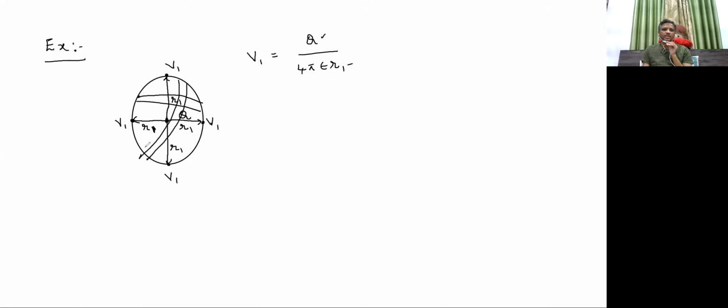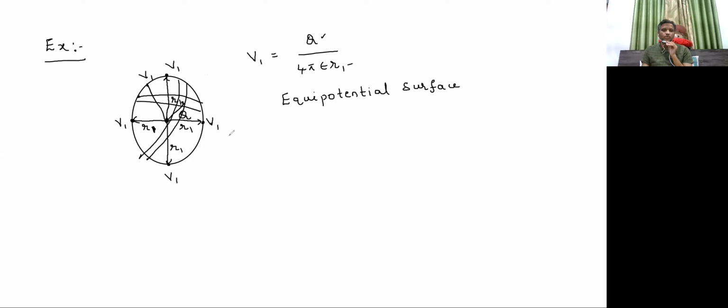If you assume it as a sphere, the potential at a distance of r1 is V1 everywhere, because the distance is the same. That means this kind of surface where the potential everywhere is the same is called an equipotential surface. So the surface around a point charge is called an equipotential surface.